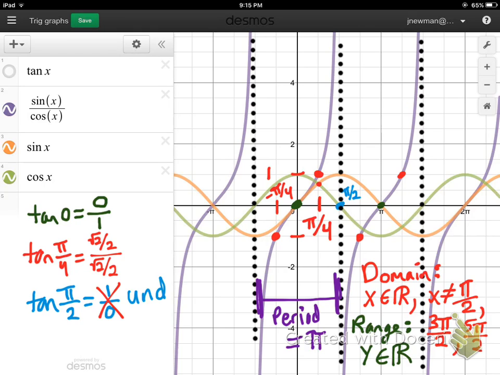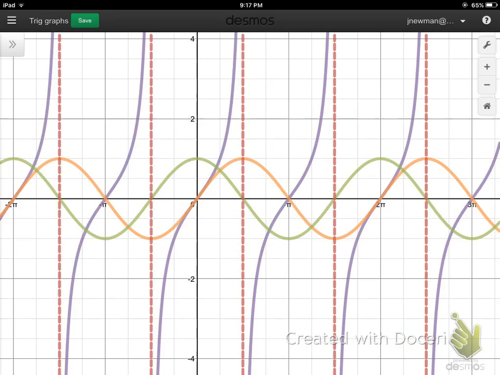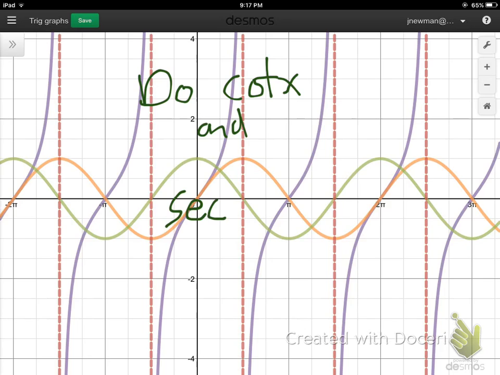Alright, so I did this one. I'm going to let you guys do secant and cotangent, and I'd like for you to do those before coming to class. So here's simply tangent again. I'm going to write this down: do cotangent of x and secant of x, neither of which I did, before class.